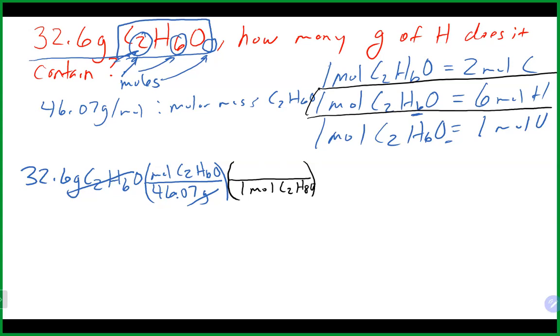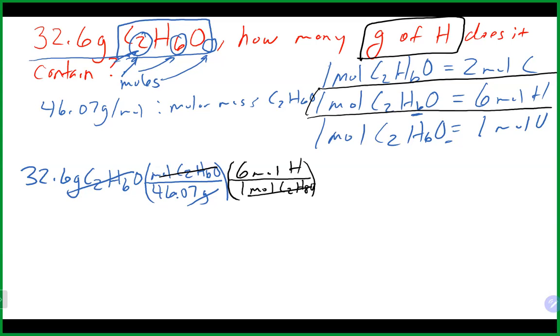And we're going to do 6 moles of hydrogen. So that step there, using the formula as a conversion factor, is going to allow us to get rid of the whole thing and now end up with just the moles of hydrogen. That is close to what I want, right? I do want to end up, though, in grams. So I need to go from moles of hydrogen to grams. I should use what to do that?